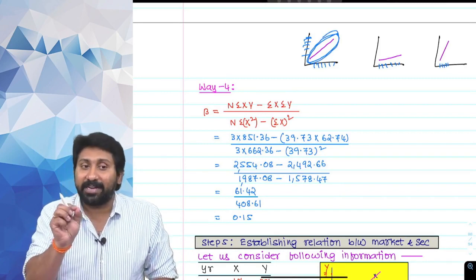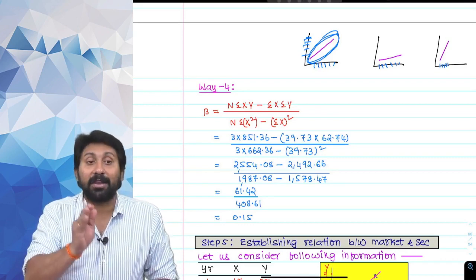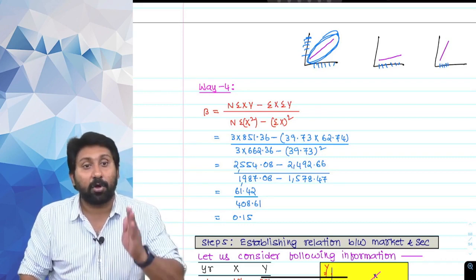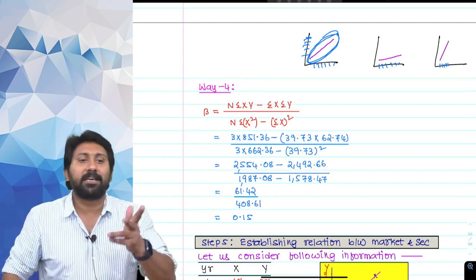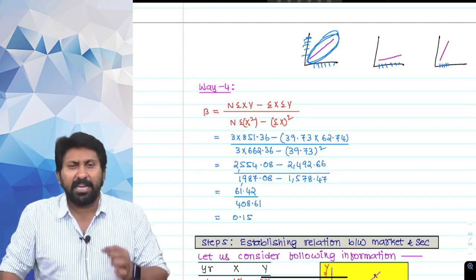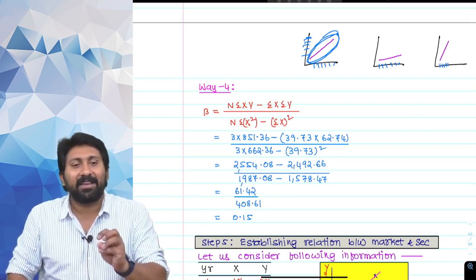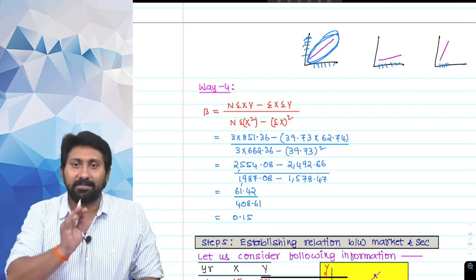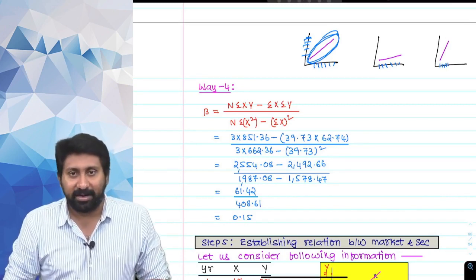As much as the market increases, security also increases in the same way. Equally reactive. Slope is constant, an equal slope. In the second one, the slope is very less. The market is reacting, but I am not reacting to the market in an equal way.